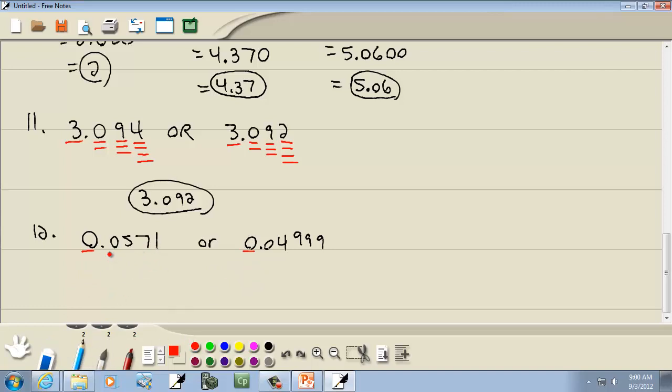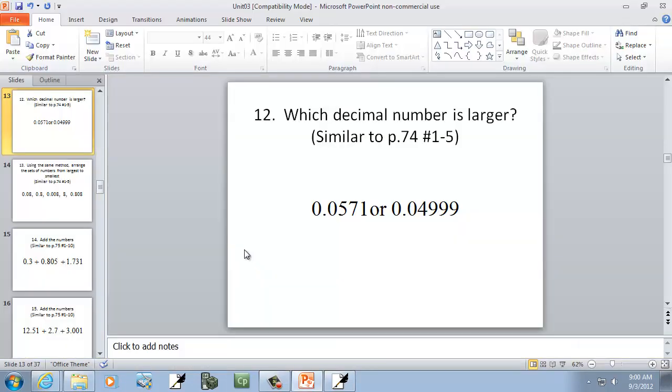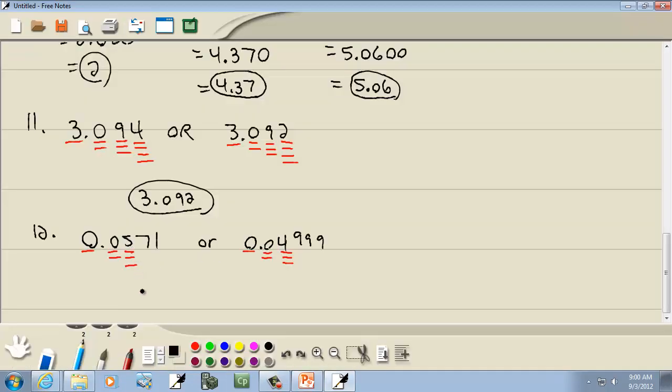So we go to our next number. These are zeros. Can't tell anything about that. Then we go to our next number, which is different, so we can. And the question here is which one's larger? Well, the one with the larger number is larger. So 0.0571 is our answer, the larger one.